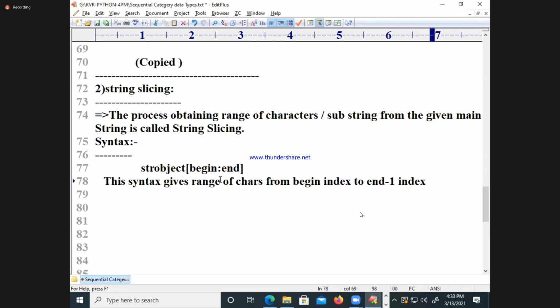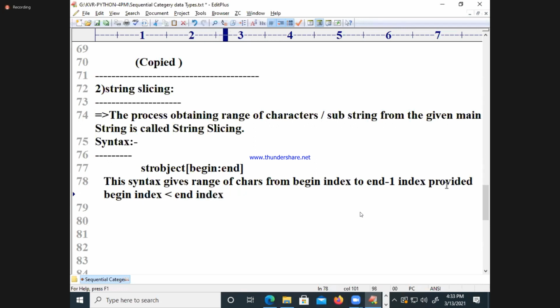And one more thing, one small important condition. This gives range of characters from begin index to end index minus 1, provided, this condition is very important, provided begin index less than end index.